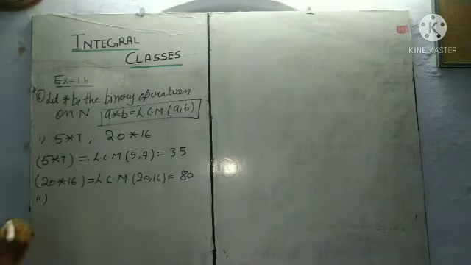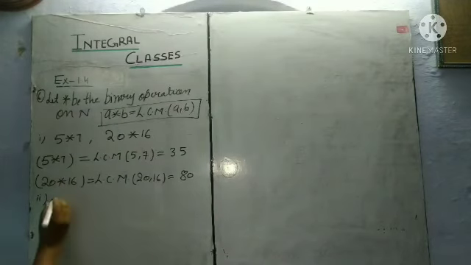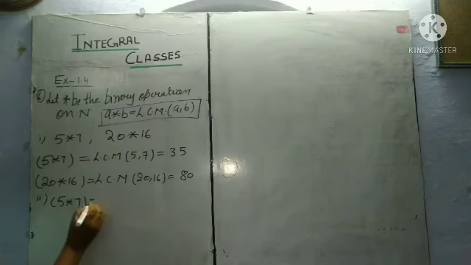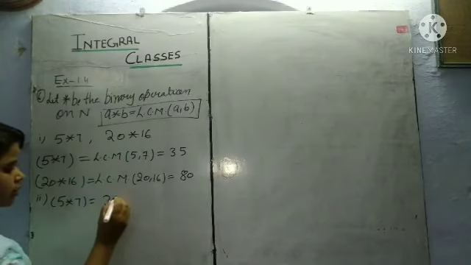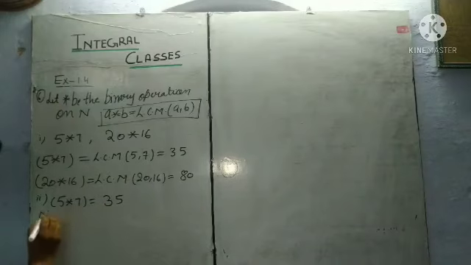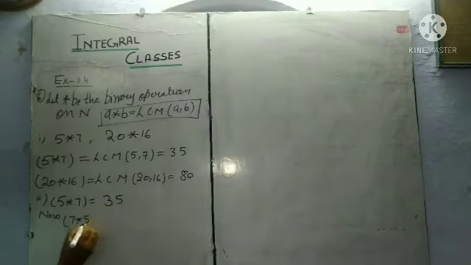Now in the second part we are given: is star commutative or not? So student, for commutative we will apply this. Suppose 5 star 7, we will get 35. Now we will find 7 star 5 also.